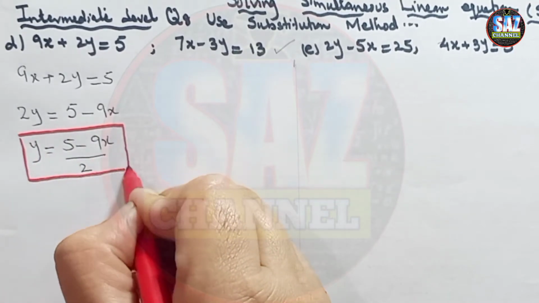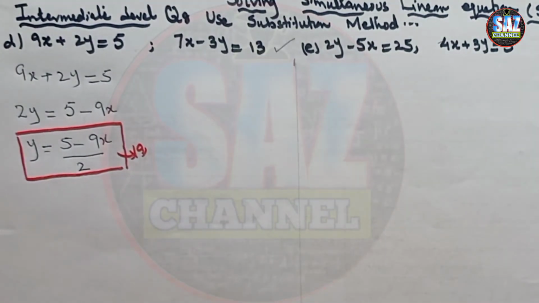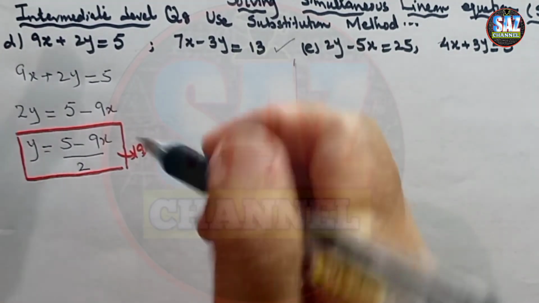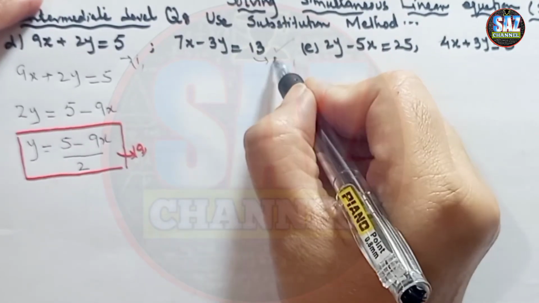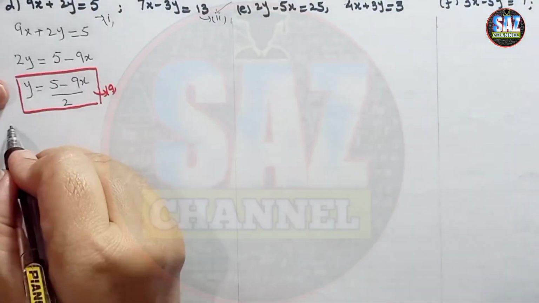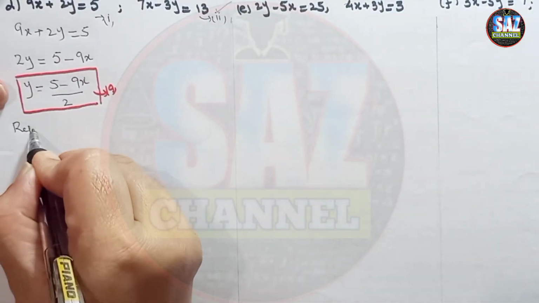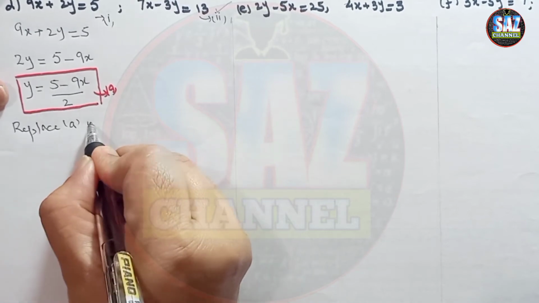Now what I have to do, I have to replace value of y in the second equation. Let me give the numbers to equations so that you can understand which one is equation 1 and which is equation 2. Replace a in equation 2.